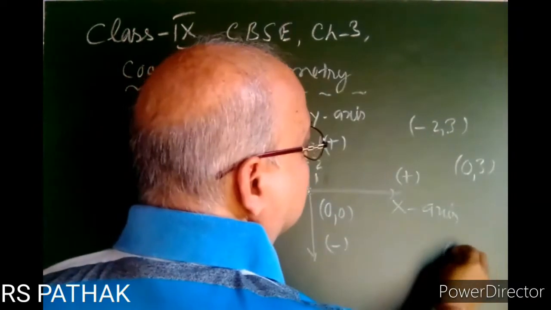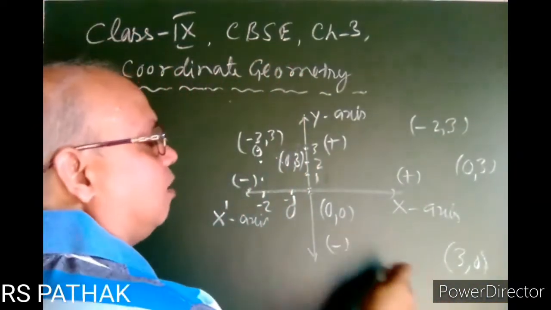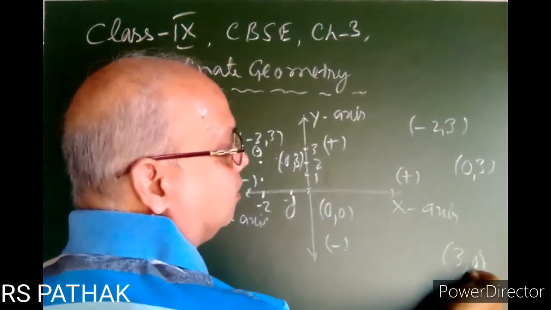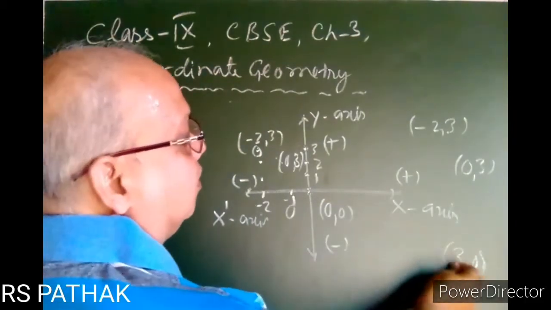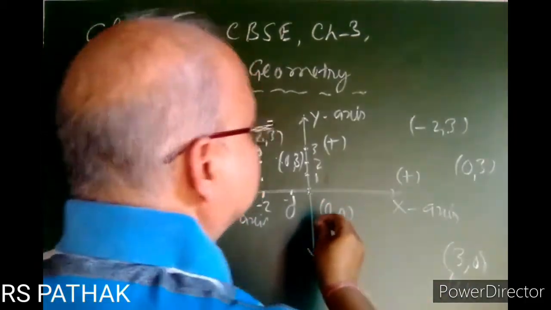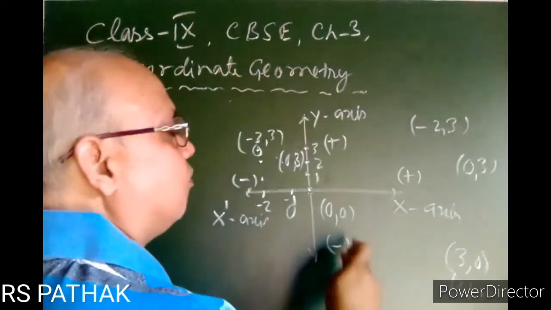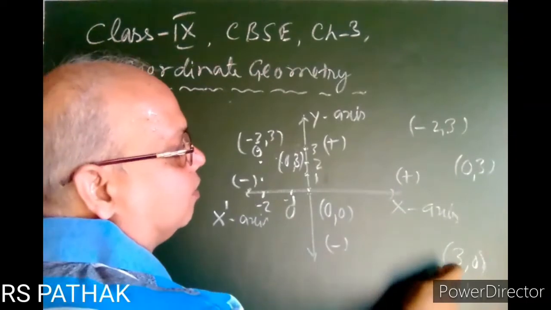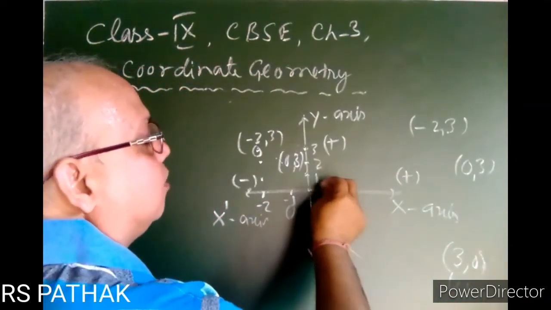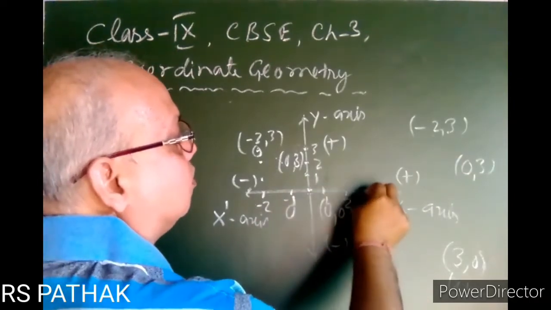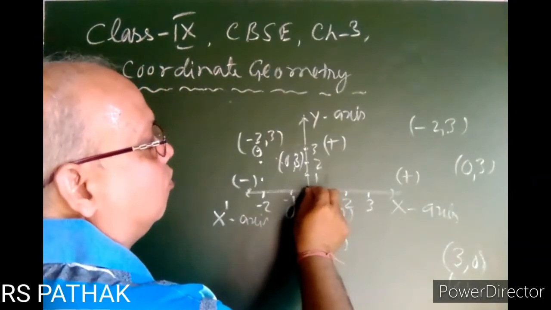Let us suppose (3, 0). This is x and this is y. You will start from the origin, 3 units along the positive direction of the x-axis, because 3 is positive: 1, 2, 3.